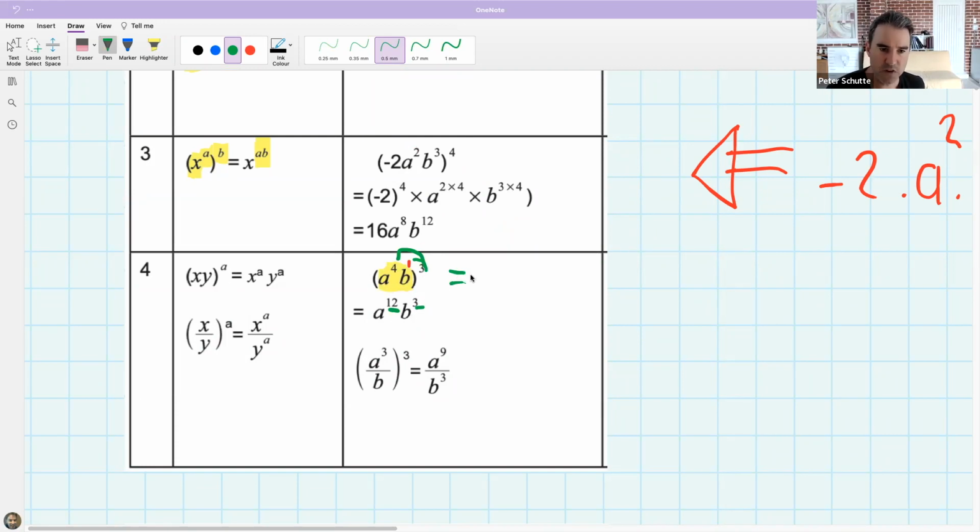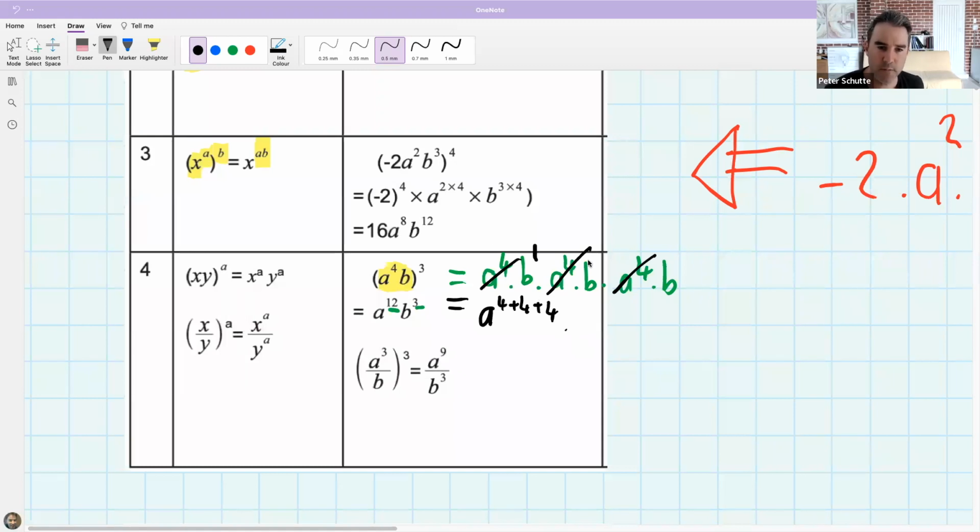If you want to see it the long way, imagine this. So imagine a to the power of 4 times b, and it gets repeated 3 times. So that's what to the power of 3 actually means. It means repeat whatever's inside 3 times. But now you can clearly see that a to the 4 times a to the 4 times a to the 4 is just going to be a to the 12.